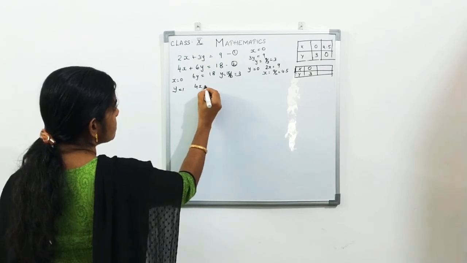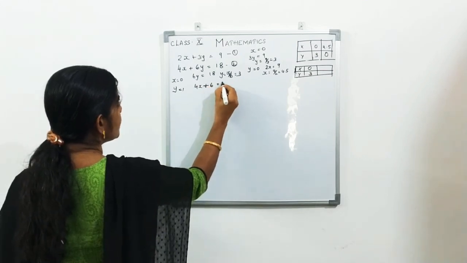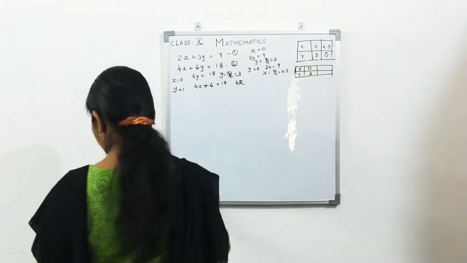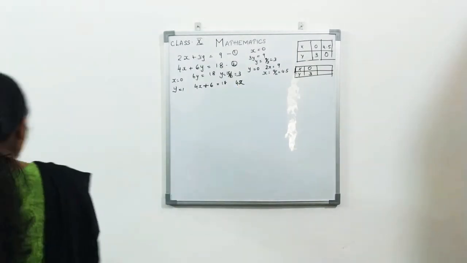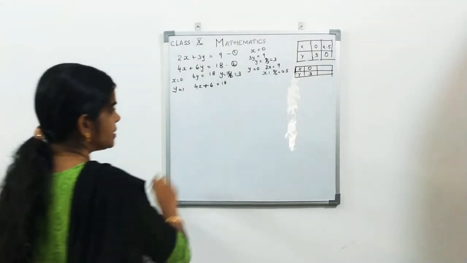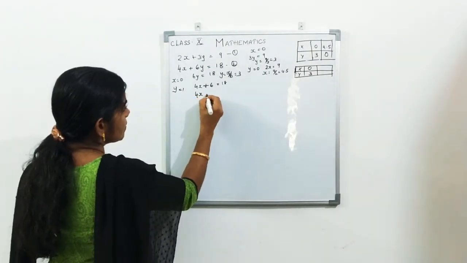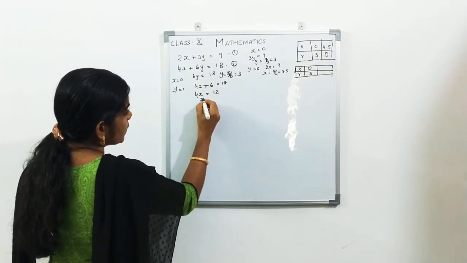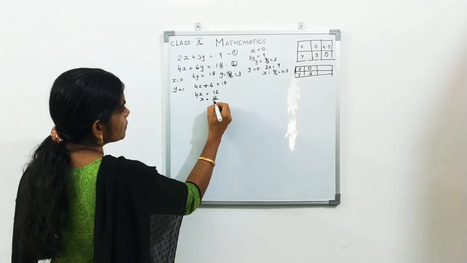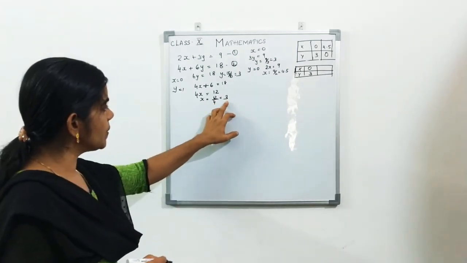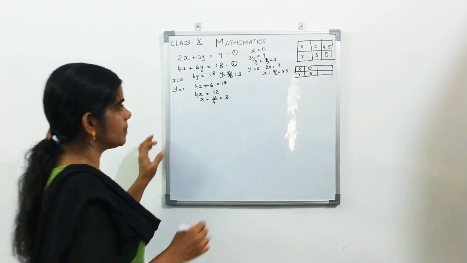Then 4x plus 6 is equal to 18. 4x is equal to 18 minus 6, that means 12. Therefore x is equal to 12 by 4, that is equal to 3. Then when x is equal to 3, y will be 1.